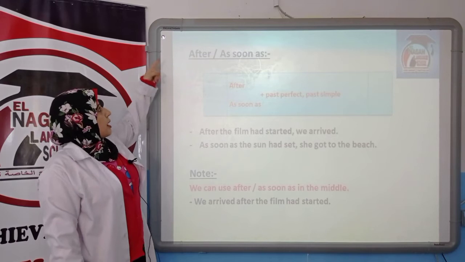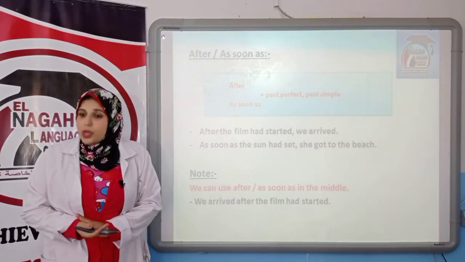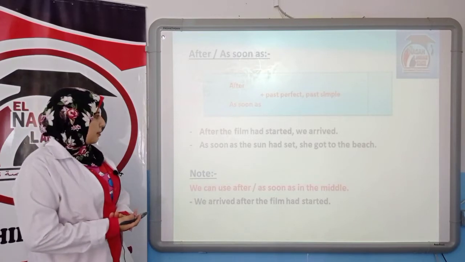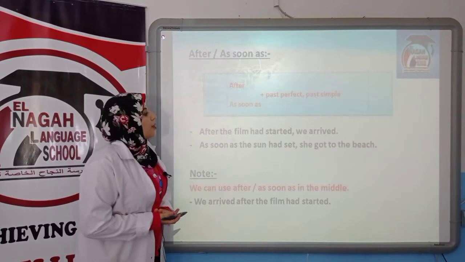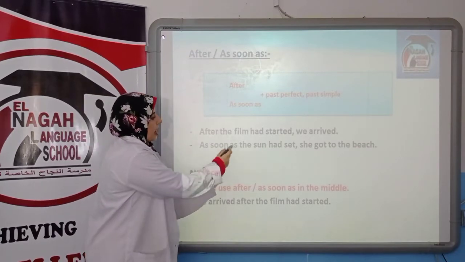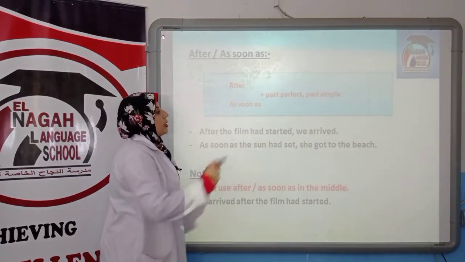Let's start with after and as soon as. They are the same. After the film had started, we arrived. As soon as the sun had set, she got to the beach.